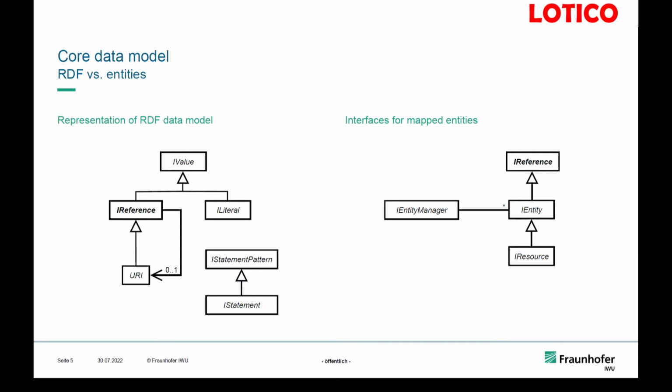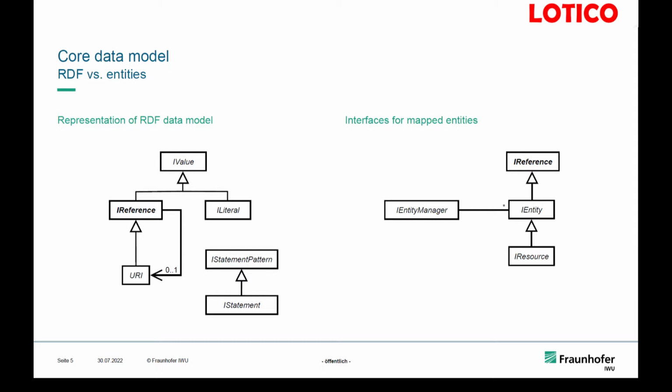Now I'd like to show you the core data model that KOMMA is using. KOMMA has a simple core data model. Every RDF value is represented by an IValue interface, and we also have references.